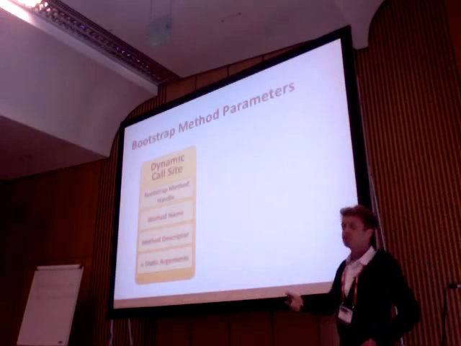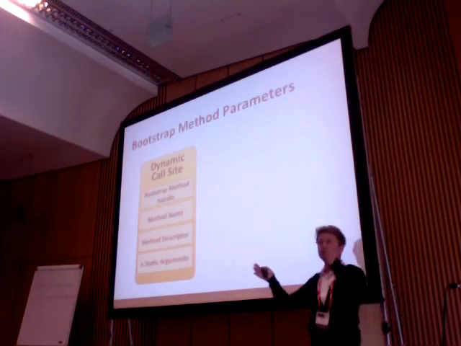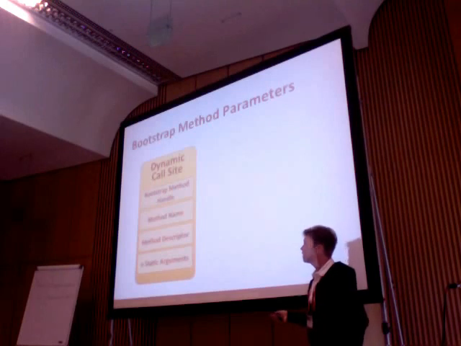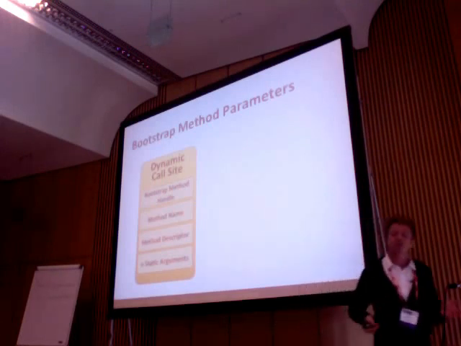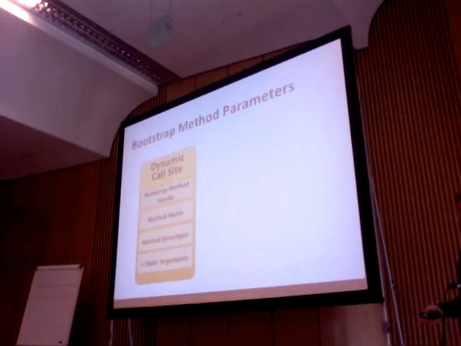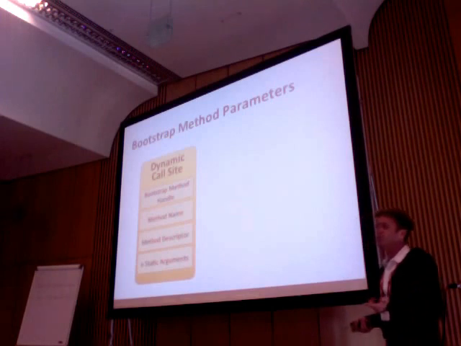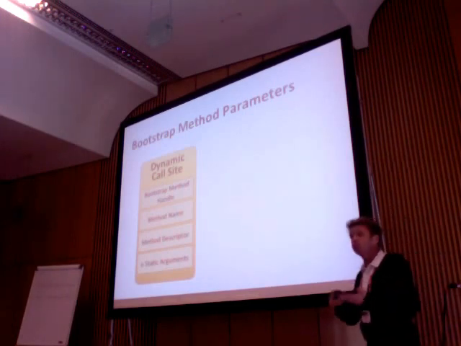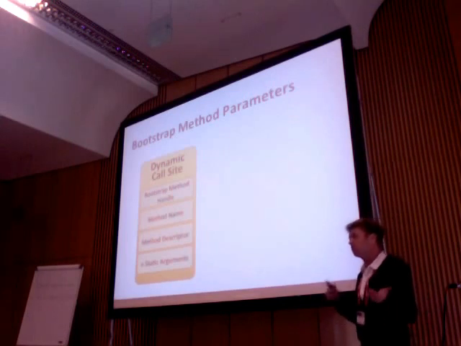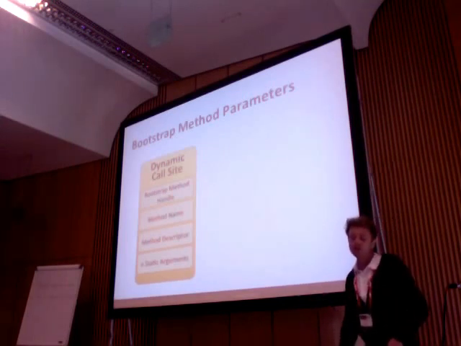We give a method signature. The signature is basically the parameters and the return type. And then we can also add static arguments. Static arguments are any arguments which might be specific to this particular bootstrap method we're calling. All types of the constant pool can be used here, like string, integer, long, float, double, and also the new types like method handle. This is important, we will see later, for the Lambda creation.